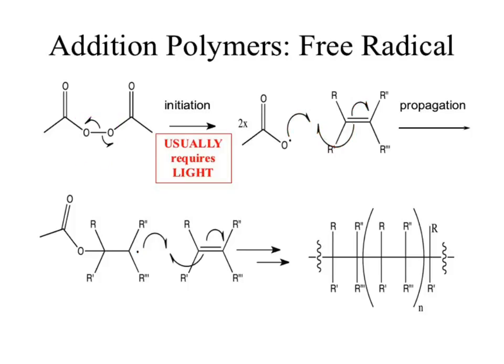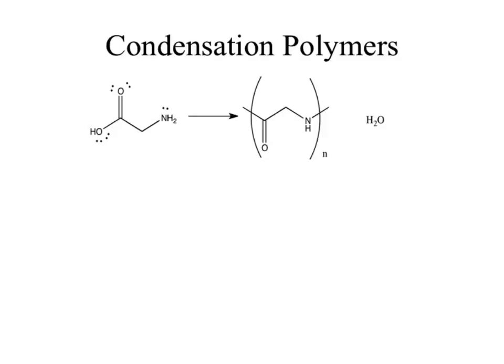Okay. Our condensation polymers. What are we starting with? Well, we're starting with a carbonyl, and our carbonyls act as what? Electrophiles. What else do we need? A nucleophile. And if we look at the other end of this molecule, we have a nucleophile. So what can happen?